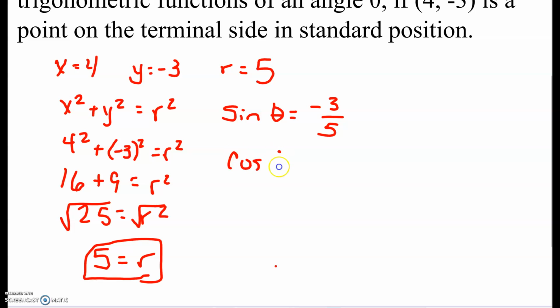Cosine of that angle is x divided by r, or 4 over 5. Tangent is y divided by x, or negative 3/4.